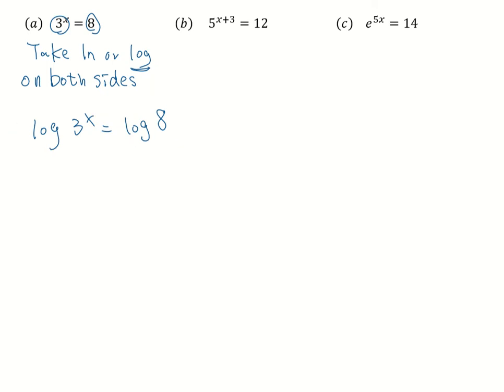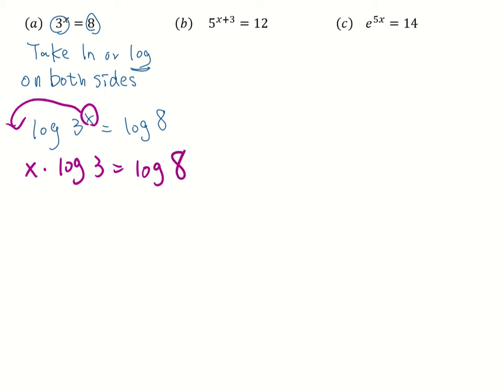The reason this step will help us is because we can move the x to the front by using the power rule of logarithm. So you have x times log of 3 equals log of 8.